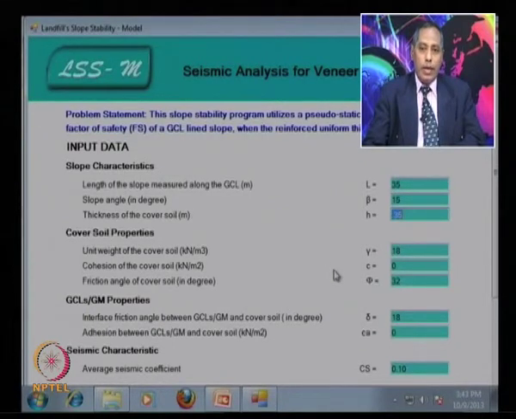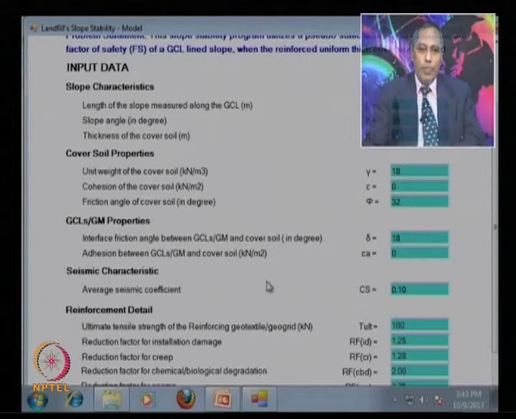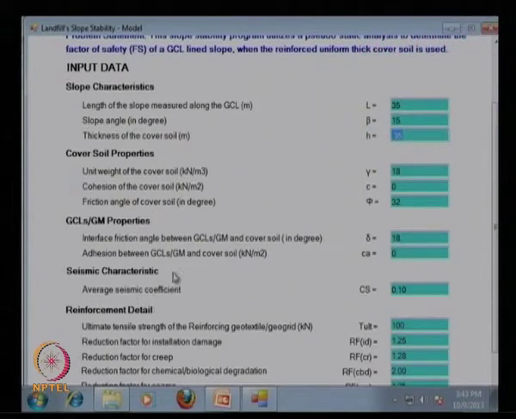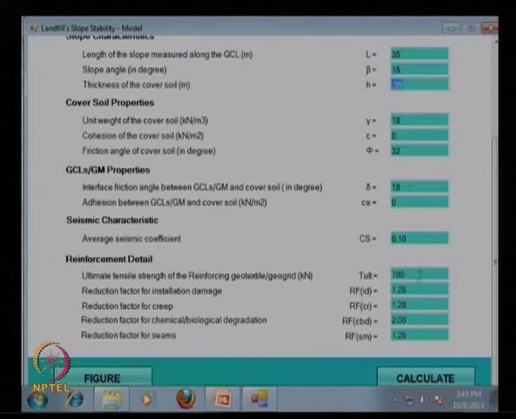Apart from that, you have to add that seismic characteristic here. So, average seismic coefficient we have included Cs is equal to 0.30 and reinforcement detail.